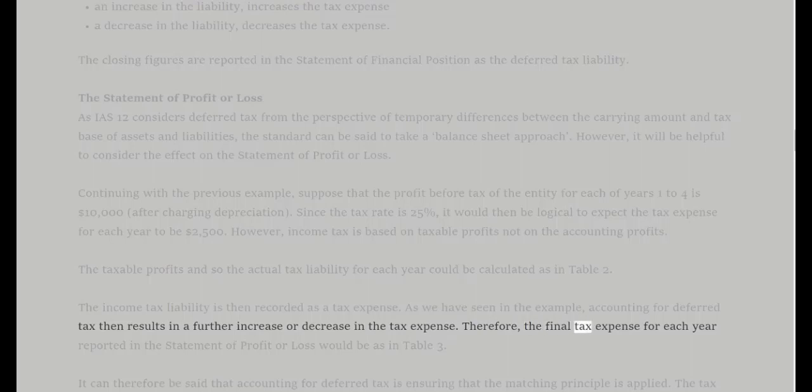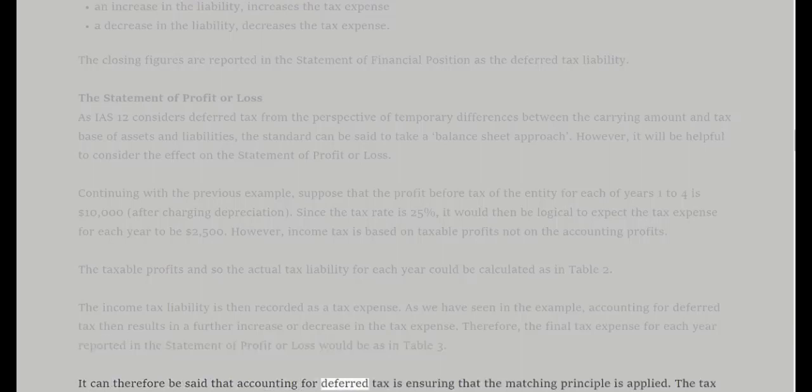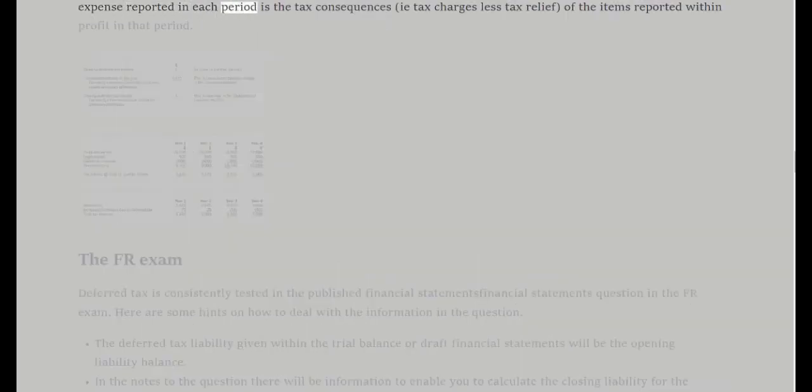Therefore, the final tax expense for each year reported in the statement of profit or loss would be as in Table 3. It can therefore be said that accounting for deferred tax is ensuring that the matching principle is applied. The tax expense reported in each period is the tax consequences, i.e. tax charges less tax relief, of the items reported within profit in that period.